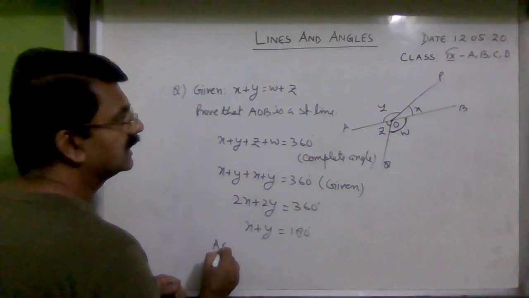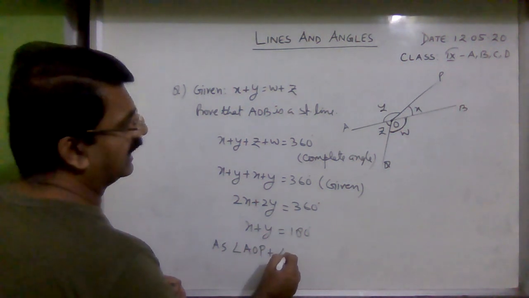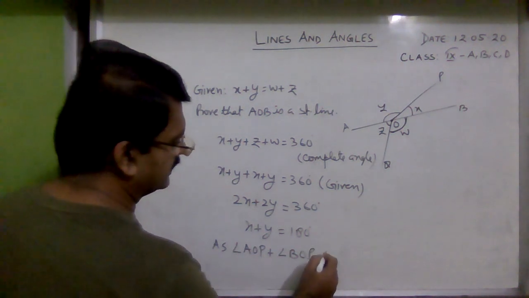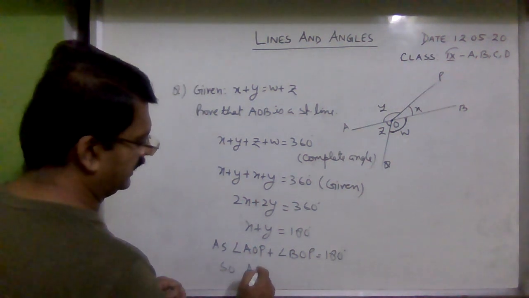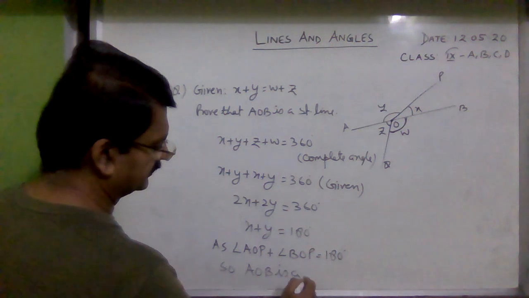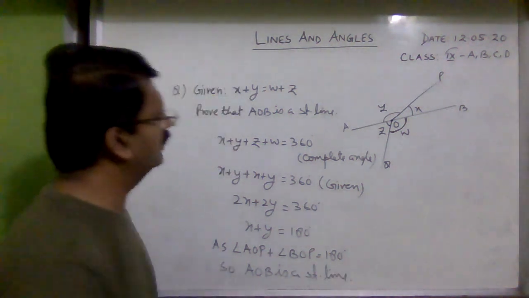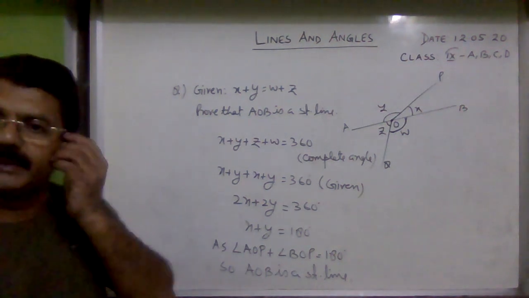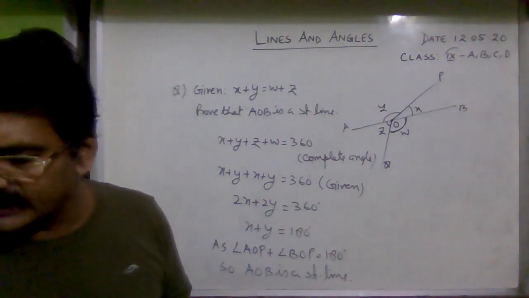As angle AOP plus angle BOP is equal to 180 degree, so AOB is a straight line. That is what we have to prove. Clear? Now we will do one more example.